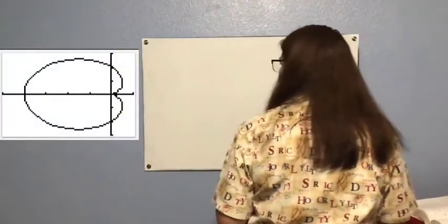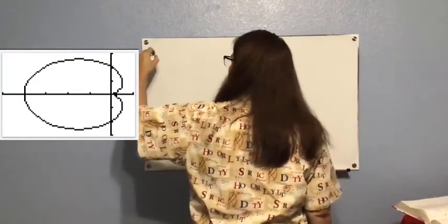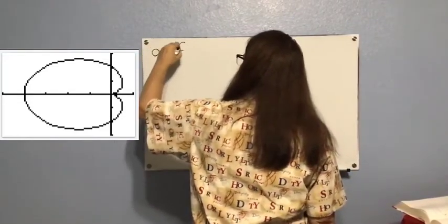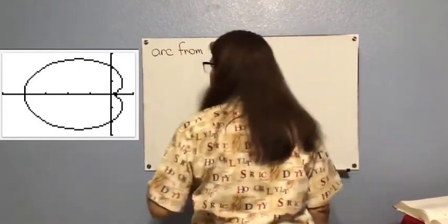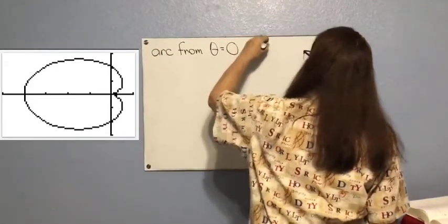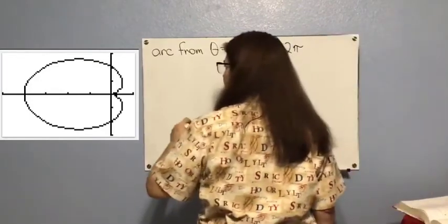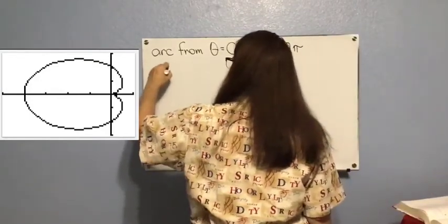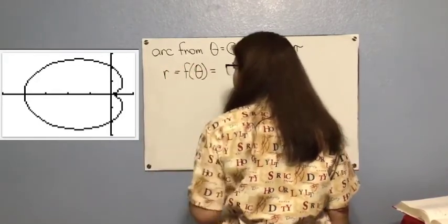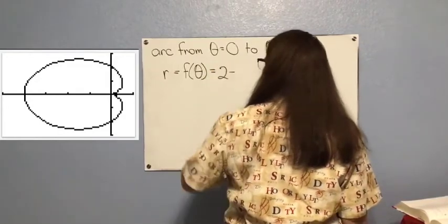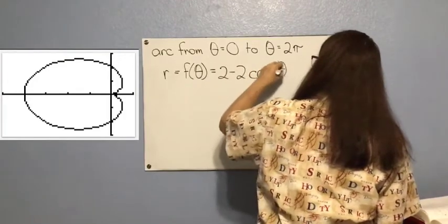So if we want to find the length of a polar curve, we're going to look at an arc from theta equals 0 to theta equals 2 pi for the equation r equals f of theta equals 2 minus 2 cosine theta.